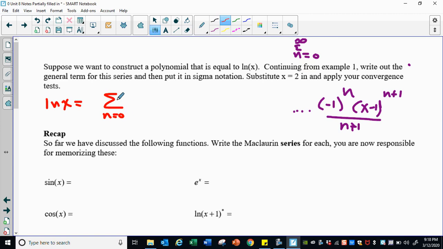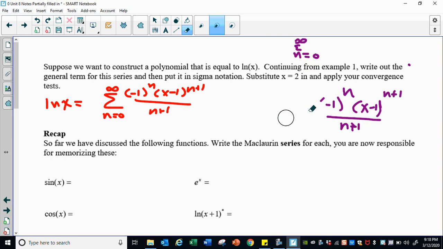So n equals 0 to infinity of negative 1 to the n, x minus 1 to the n plus 1 over n plus 1. All right, just double check when I plugged in 0, first term's positive. So yeah, it all works. So now I can get rid of this.